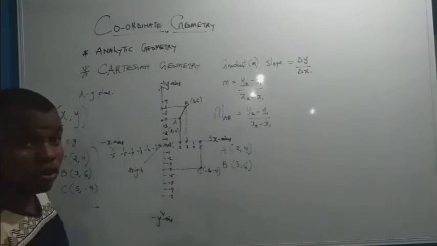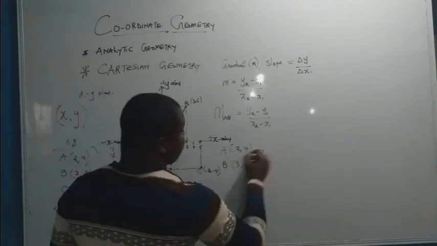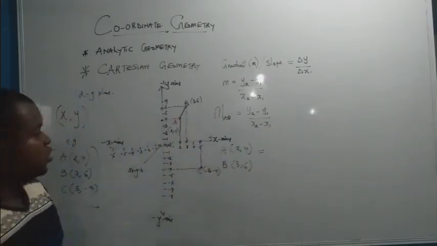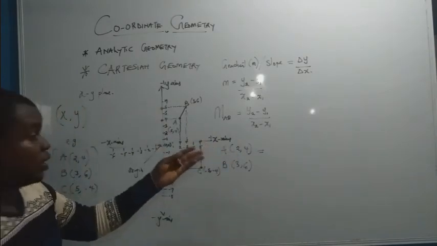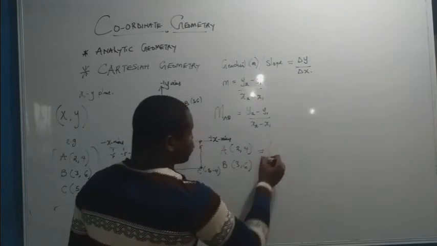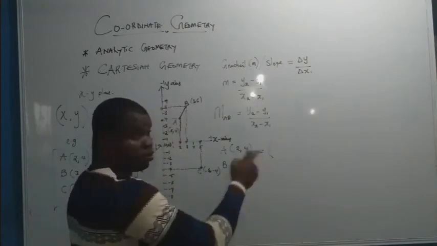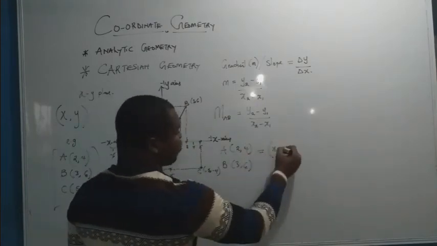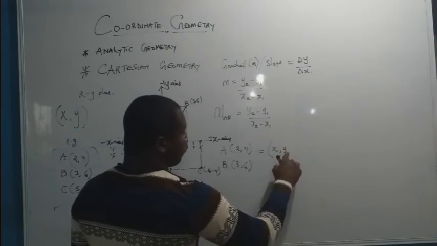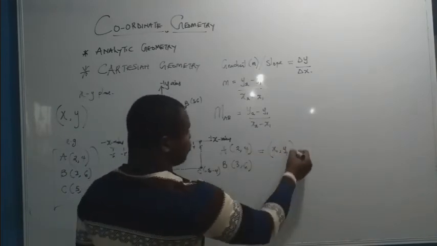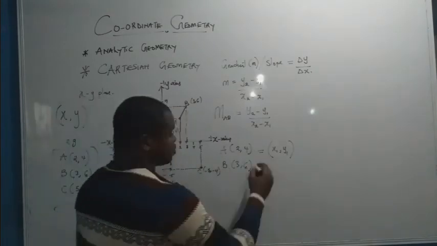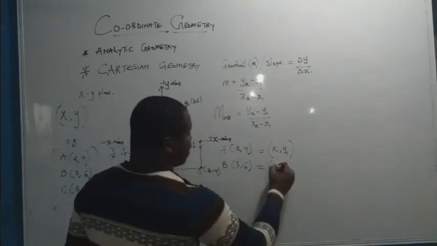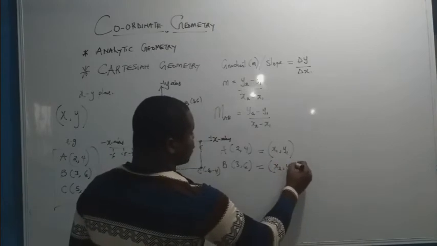Is that clear to you? So we have this to be A and this is B. So you put it like this. Open bracket, you write x1, y1, then you close the bracket. Then for your second point, you have x2, y2.